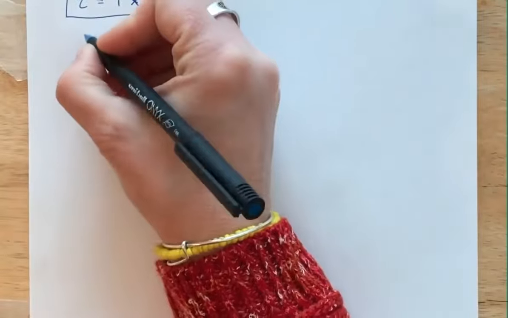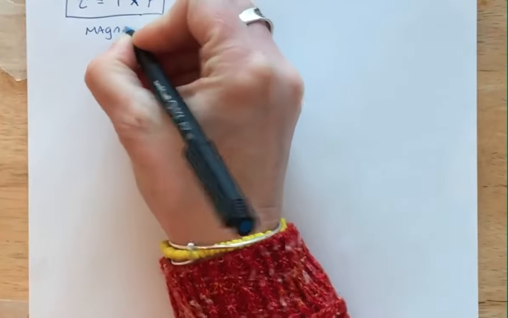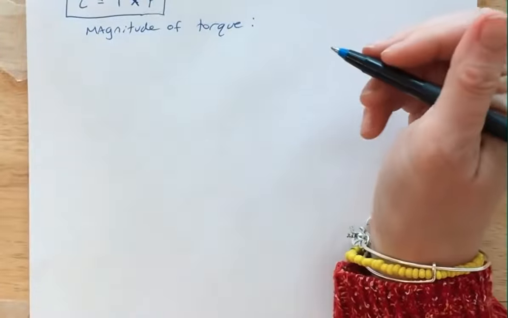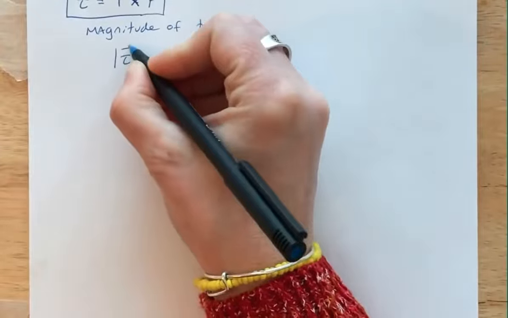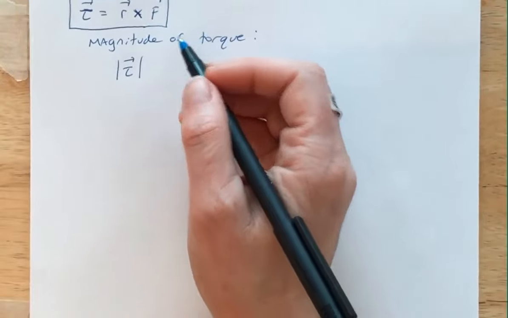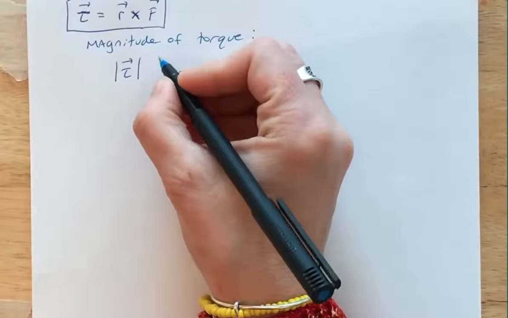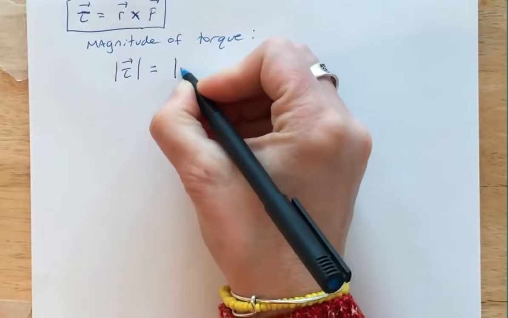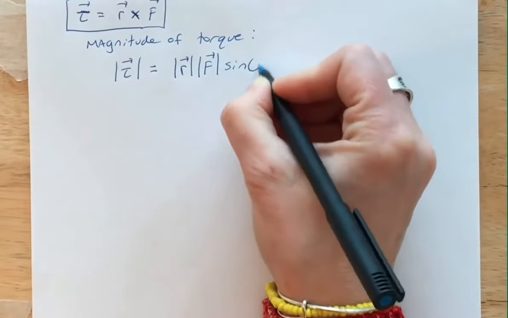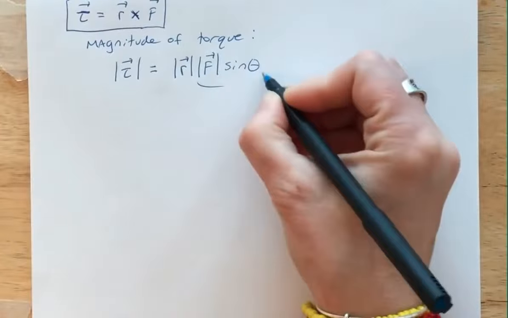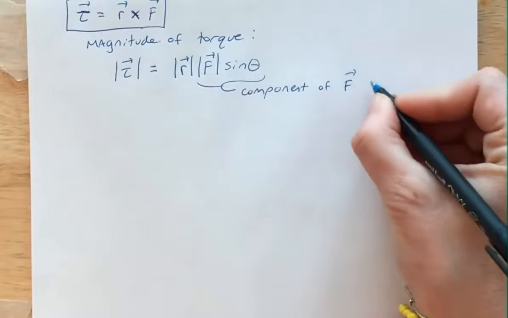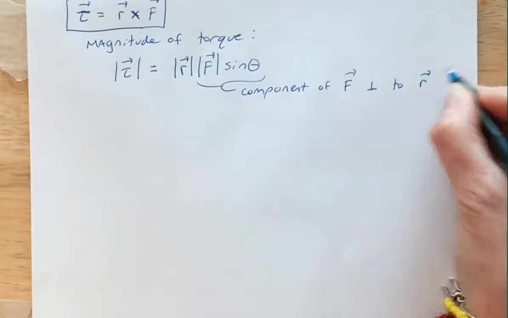So we can write out here that the magnitude of the torque can be found by using the fact that the cross product takes perpendicular components. So torque is going to be equal to the magnitude of R times the magnitude of F times the sine of the angle between them, where F sine theta is the component of F that is perpendicular to our lever arm R.